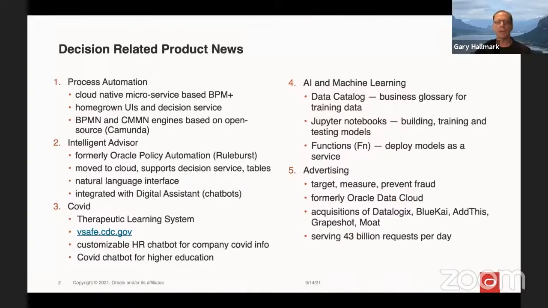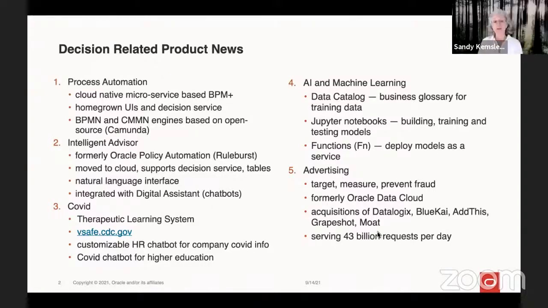And then last, something I don't know much about, but I find very interesting, over the past 6 or 7 years, there's been a lot of acquisitions in the advertising space to target ads, to measure their effectiveness, to prevent fraud, detect when robots are viewing ads rather than people in an attempt to get paid for it. And that is serving 43 billion requests a day. So just a smattering of the things that Oracle is involved in.